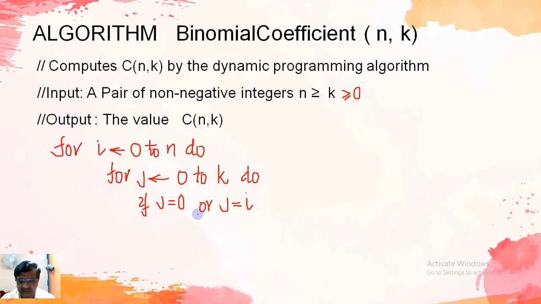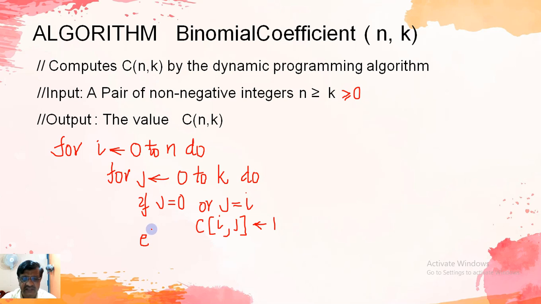If that is the case, then C of i, j equal to 1. This is by the second formula, that we enlisted as a characteristic feature of these binomial coefficients.